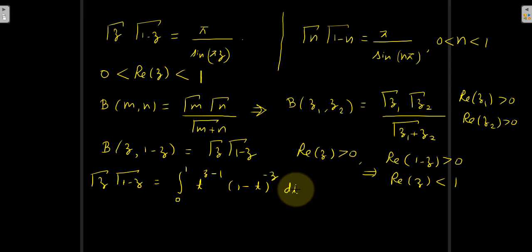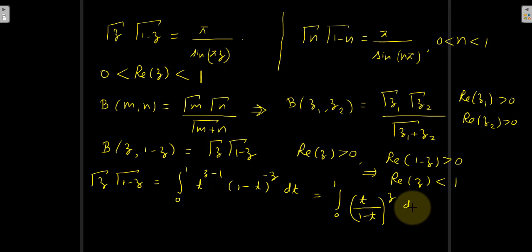Okay, so this is it, and if we simplify it a little bit, we get the integral from 0 to 1 of t divided by 1 minus t to the power z, and what remains is dt divided by t. You can easily simplify this and you get this.